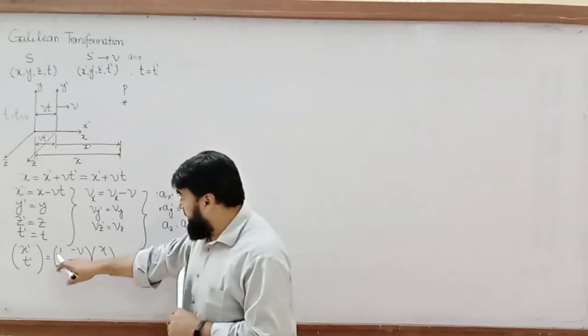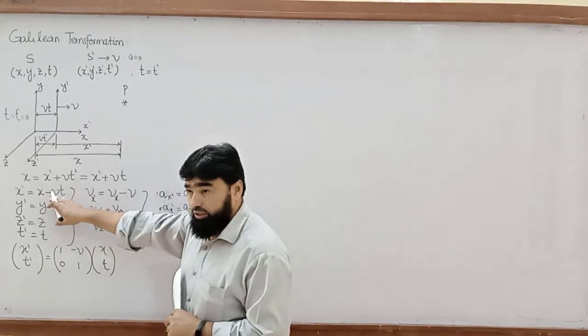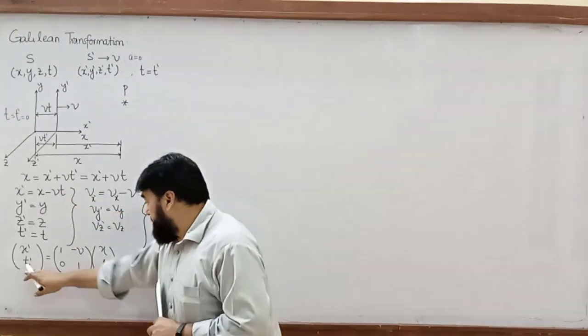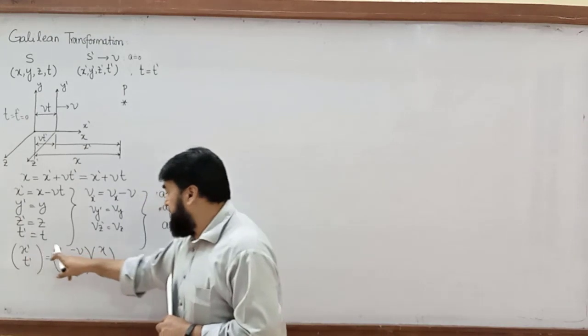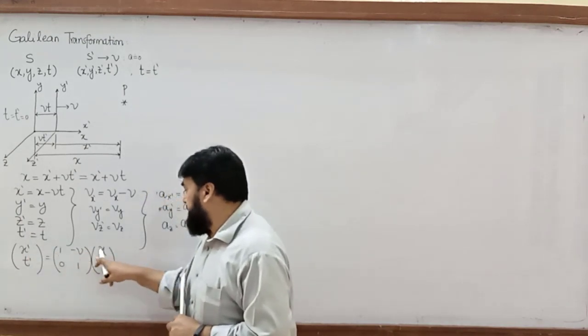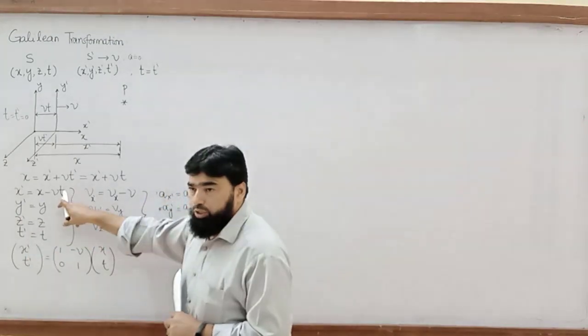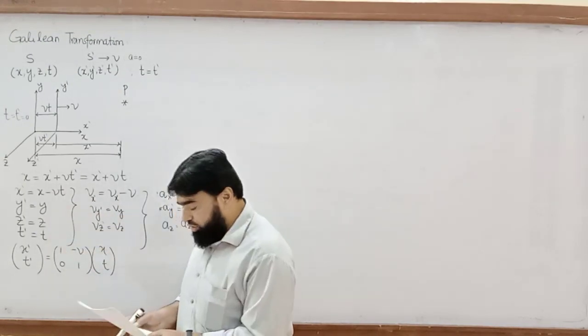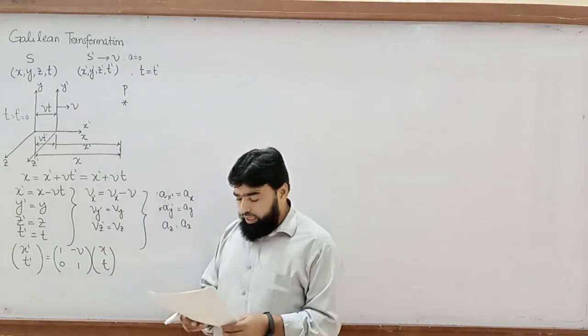Now again, from here we will get the same result: t equal to t prime, and x prime equal to x minus vt. So the same result, but this is just in the language of algebra.